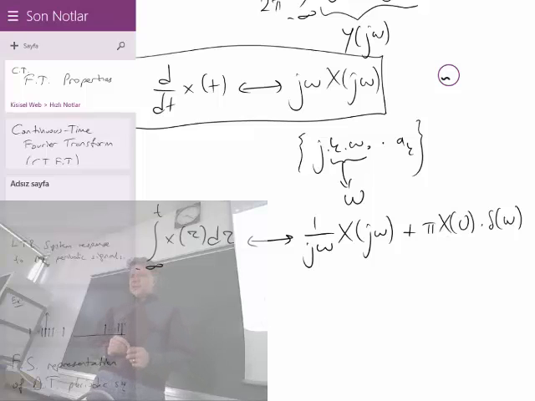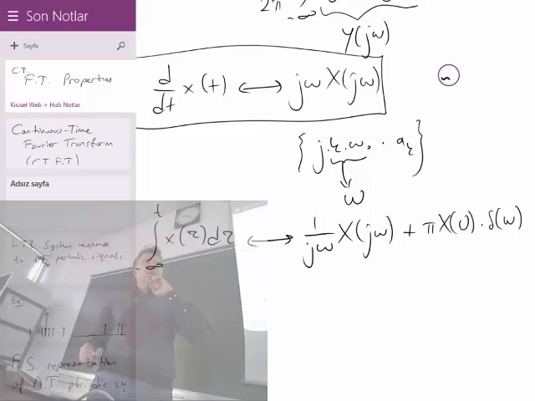So this accumulation puts an impulse at omega equal to 0. There appears an impulse. If your signal, this is capital X of 0.